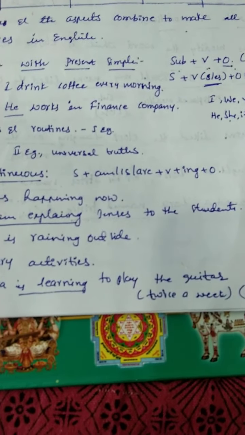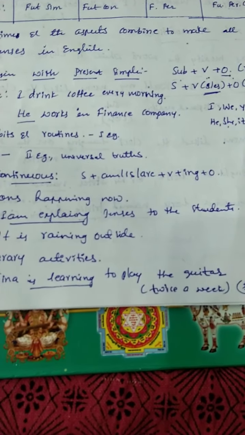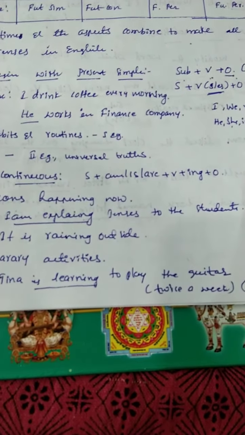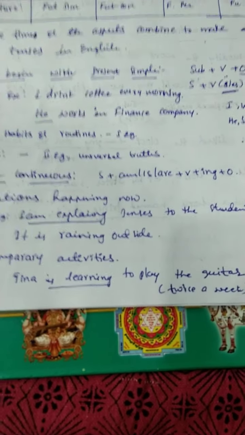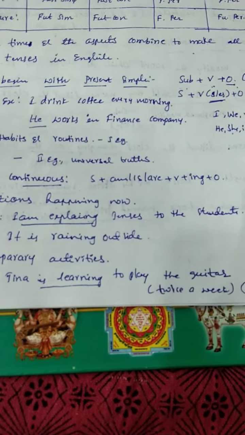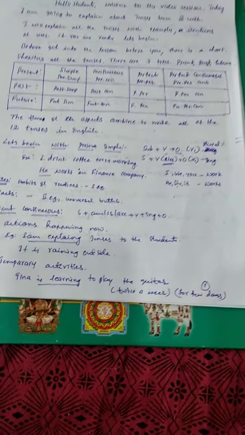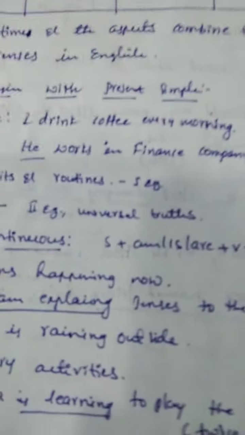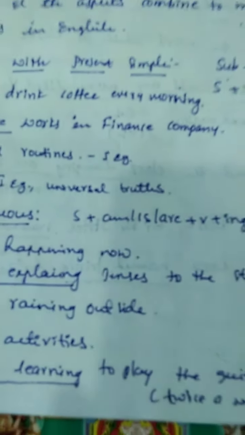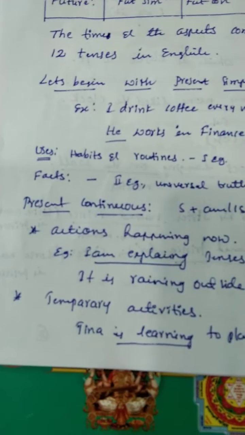He works in a finance company. Habits: my mother goes to temple once in a week. My father goes to work every day. Facts means which is proved, and even universal truths we use in simple present tense, like the sun rises in the east, the sun sets in the west.